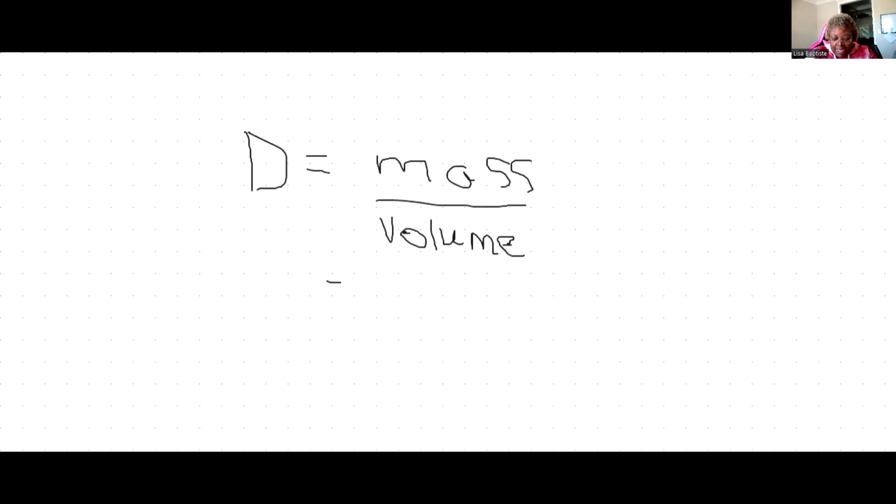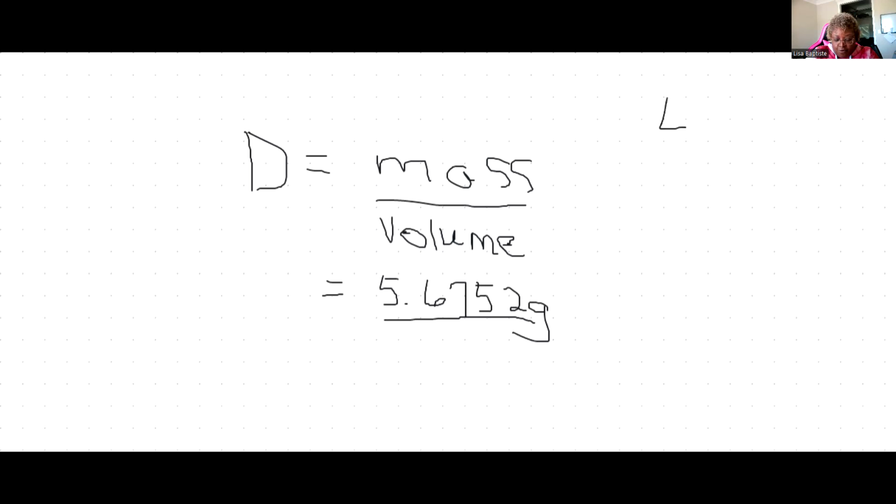All right, so our mass, remember, was 5.6752 grams. And remember, our volume, we had to subtract those two volumes. And so I just want to show you here on the side.